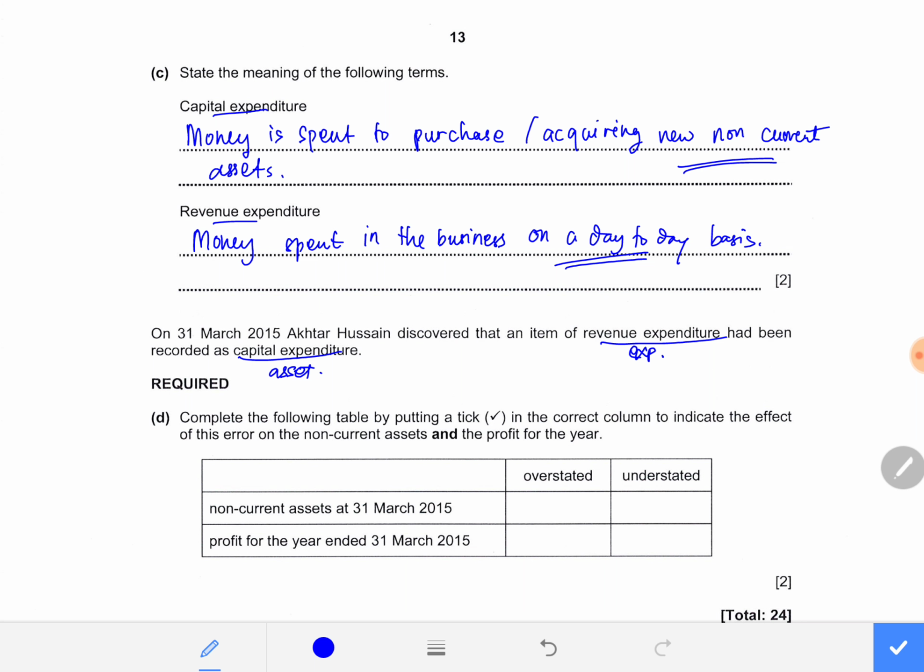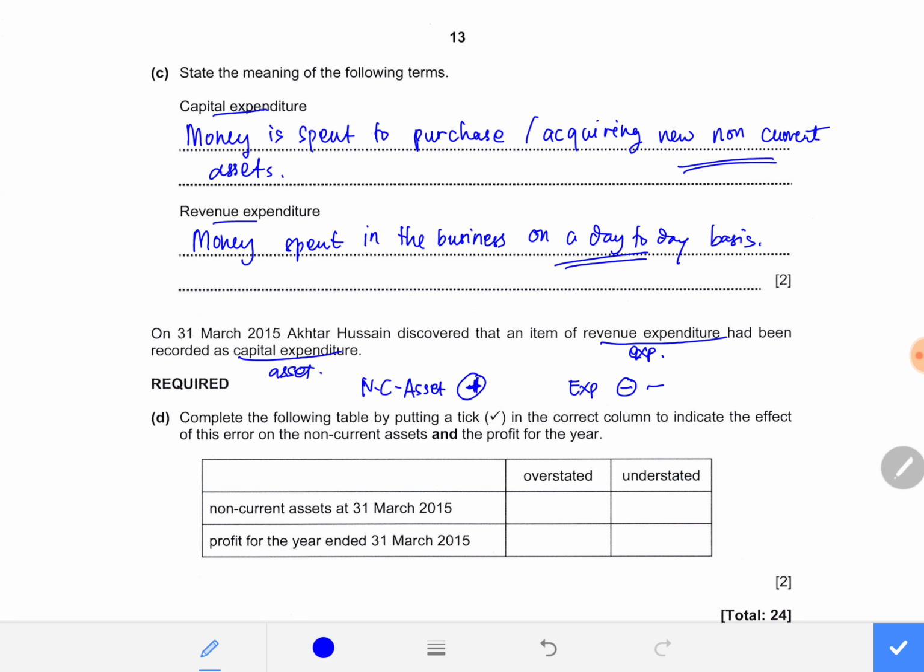If an expense had been treated as an asset, so now your non-current asset is overstated, because you mistakenly added expenses as a capital expenditure, and then your expenses at that time would be understated.